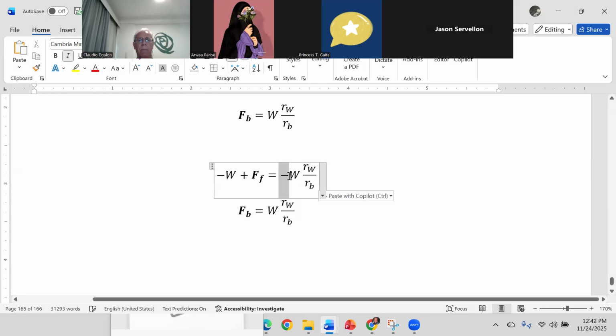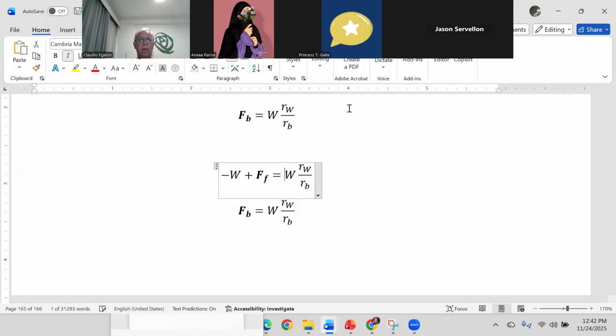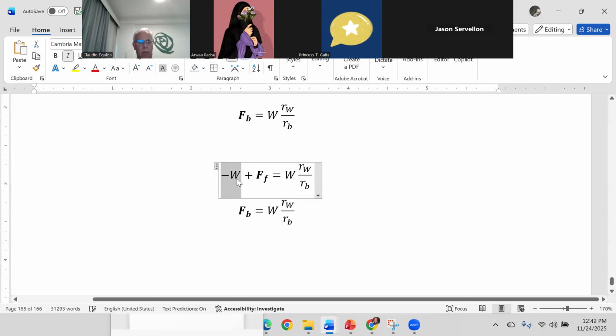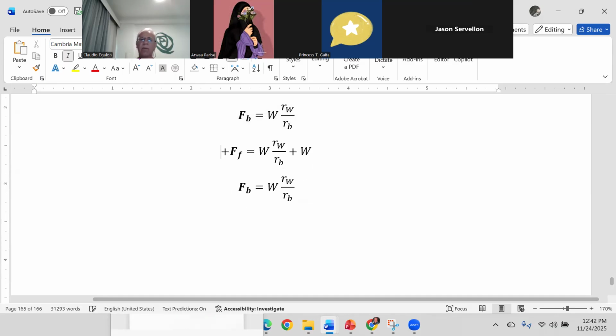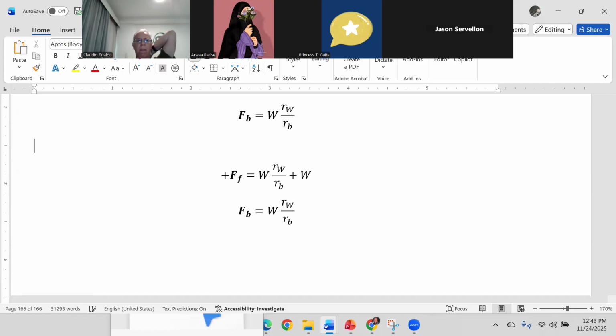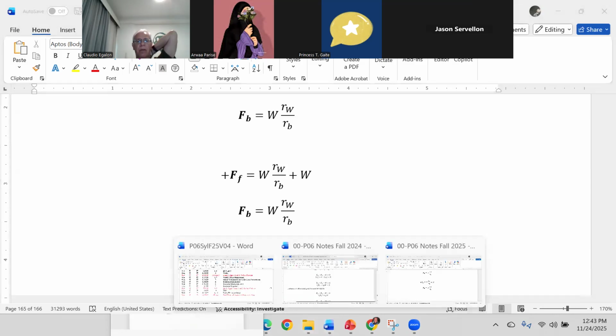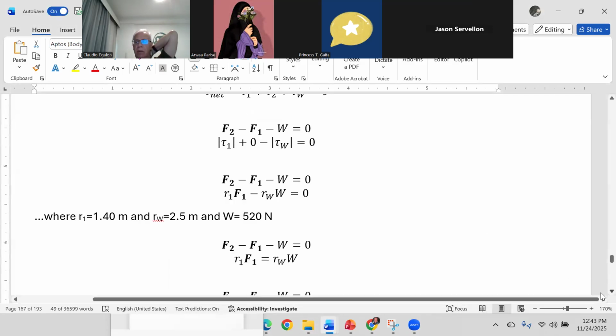We pass this one to the right. Here you go. We solve the problem, right? Just substitute the values.